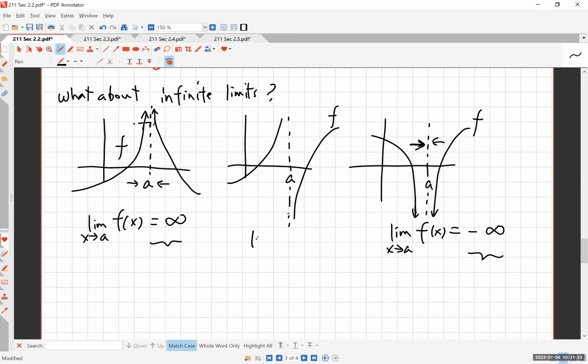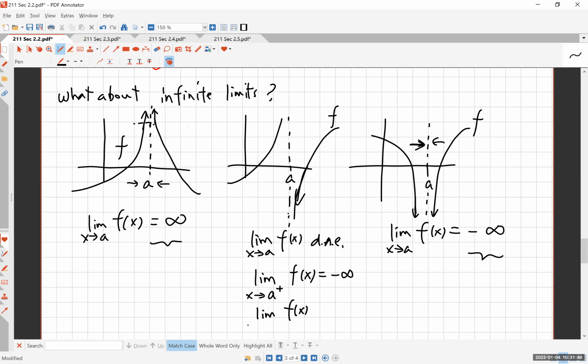Over here, the middle one, I think you can agree that the limit does not exist. But you can talk about the right and left sided limits. If you're approaching from the right, the limit is negative infinity.